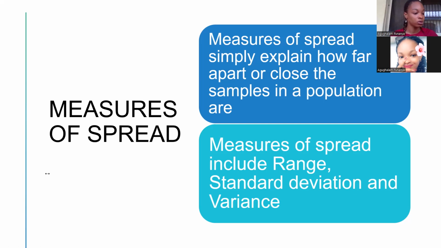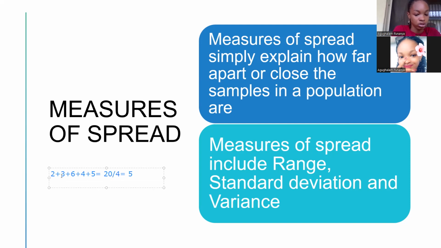Let me write the text right down here. So let's say you have data: 2 plus 3 plus 6 plus 4 plus 5, and it gives us 20 over 4, which is equal to 5.